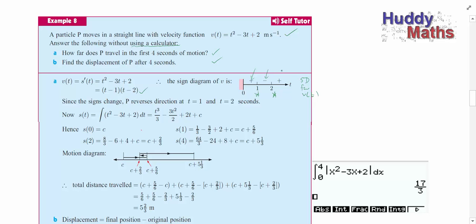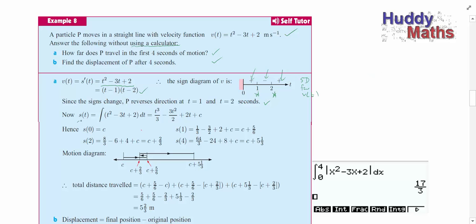Between 1 and 2, and then greater than 2. I'm not going to mention in this course there is a quicker way of doing that, using the idea of a quadratic, having sign changes positive, negative, positive, but you can do that if you think about it. Okay, p reverses direction at t is 1 and t is 2 because it stops, and the signs change.